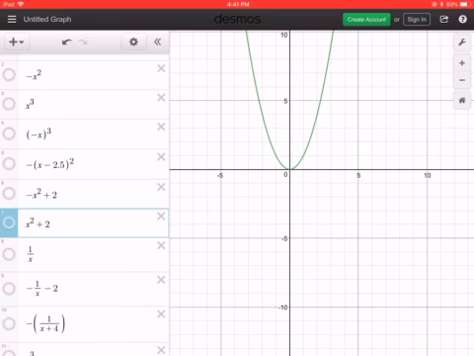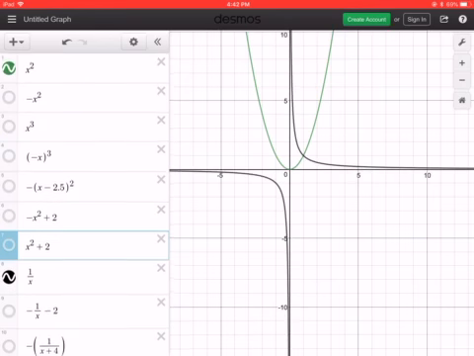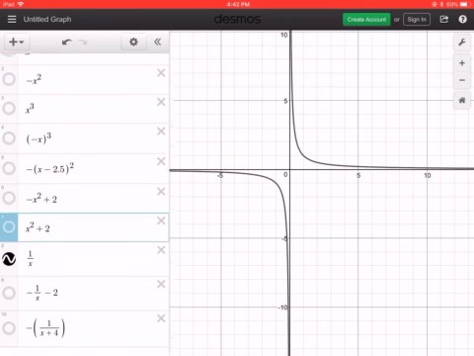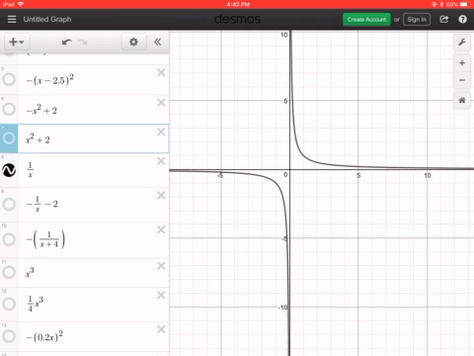Okay, so now let's move on to horizontal and, we're going to talk about rational functions. So here's my parent function for a rational function, which is 1 over x. Okay, again, I have a negative out front, so I know that it's going to flip over the x-axis, and then I have minus 2 at the end, so it's going to move down 2 units.